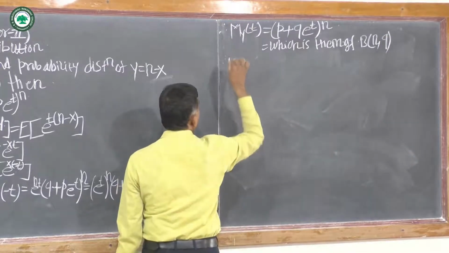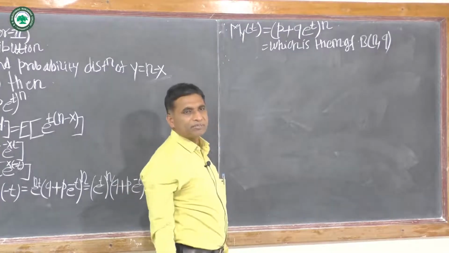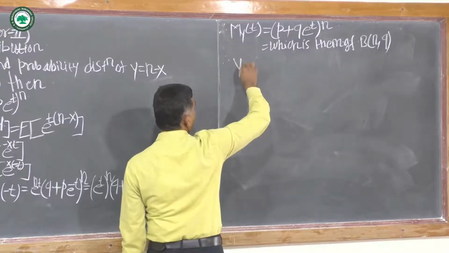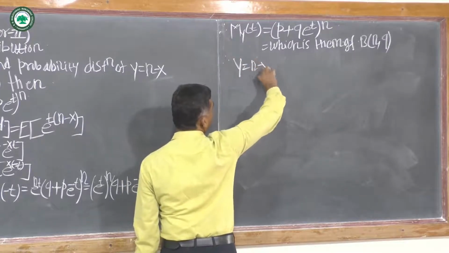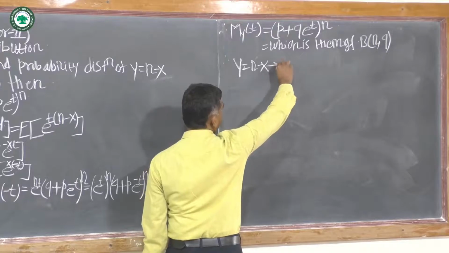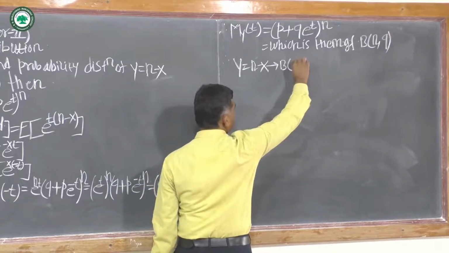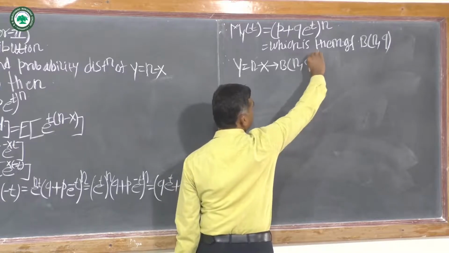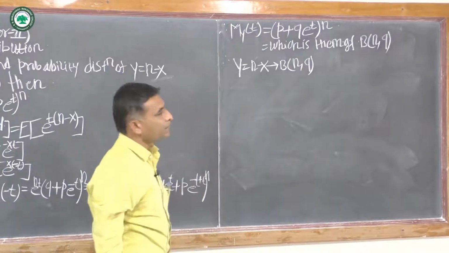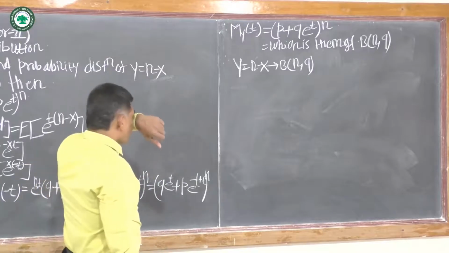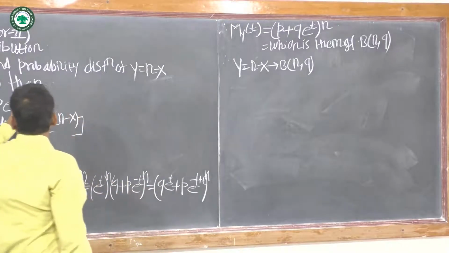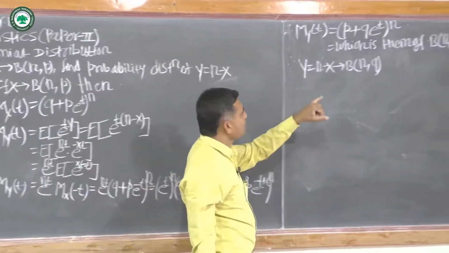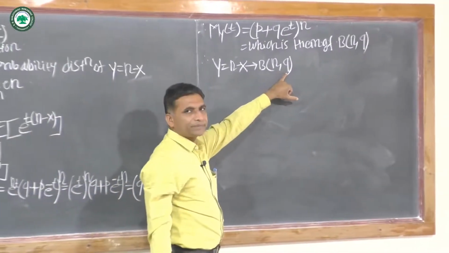Therefore, by using the uniqueness property of MGF, Y equal to n minus X follows binomial distribution with parameters n and q.